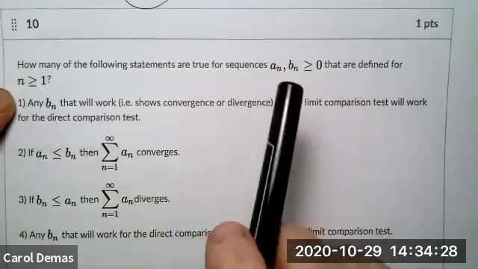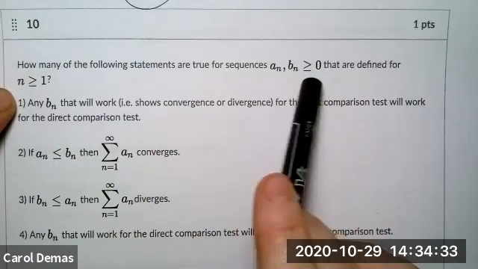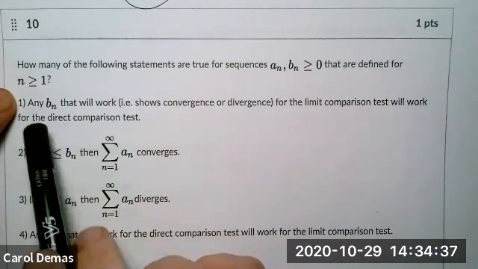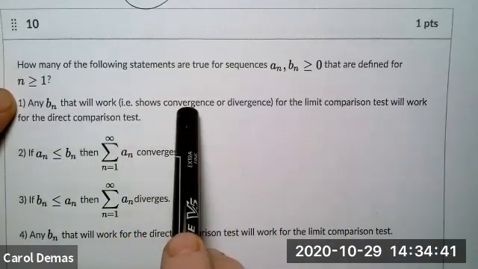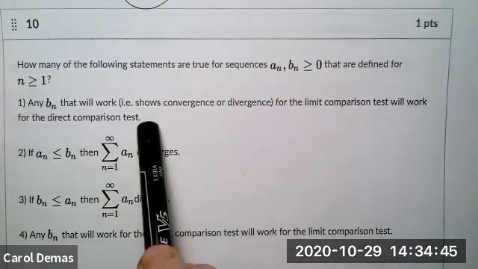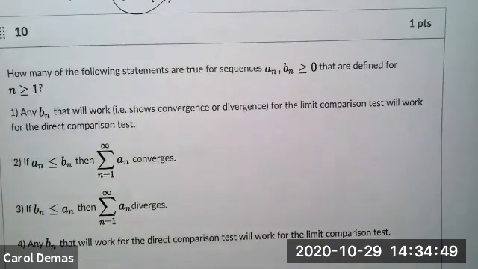So how many of these are true for sequences that are greater than or equal to 0 and defined for n greater than 1? Any bn that will work to show us what we're looking for, converging or diverging, for the limit comparison test will work for the direct comparison test. Do you agree with that? No, you have to be more prudent about what you pick.